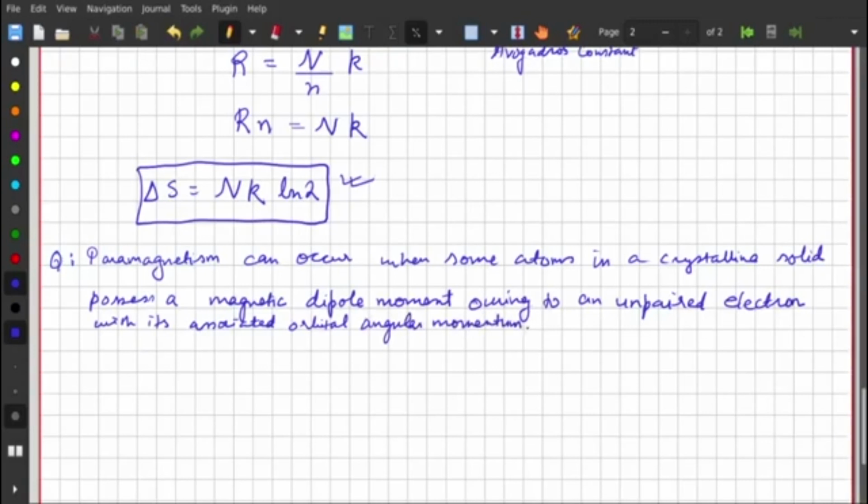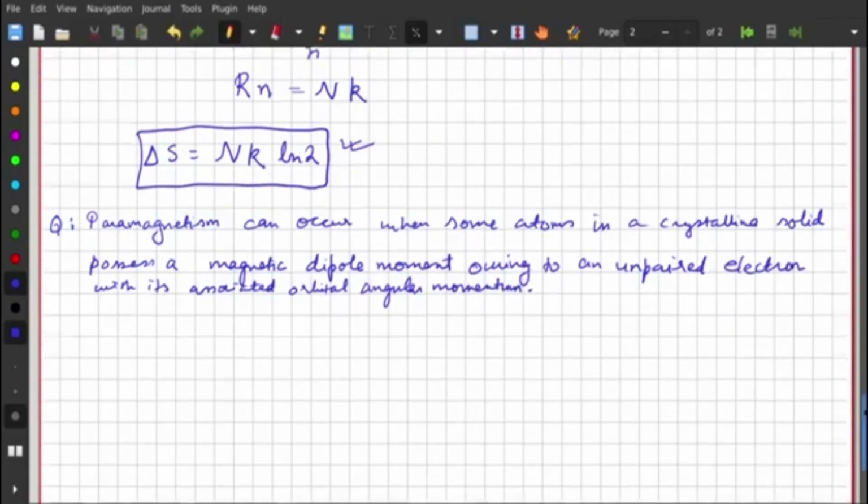So that's what paramagnetism is. This is a concept in condensed matter physics.